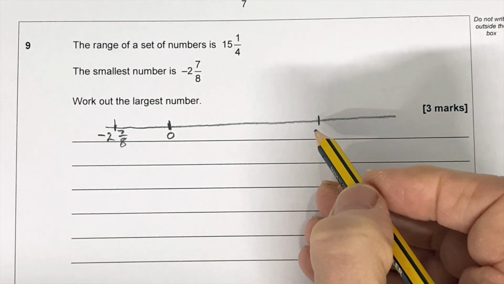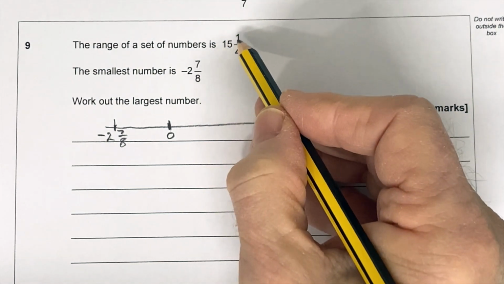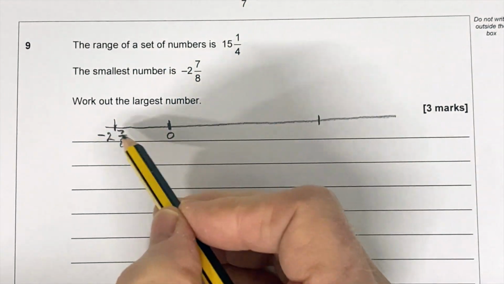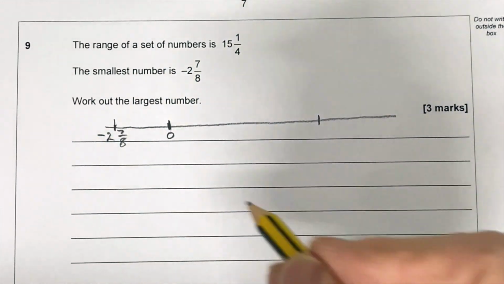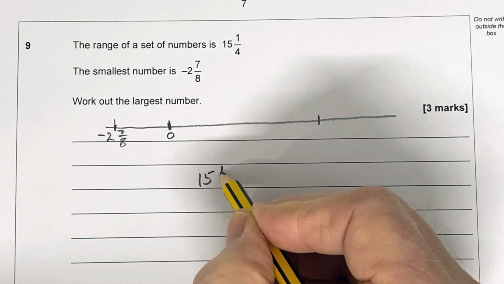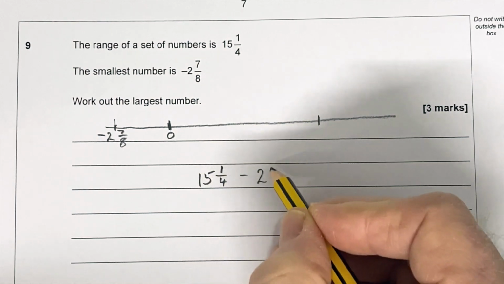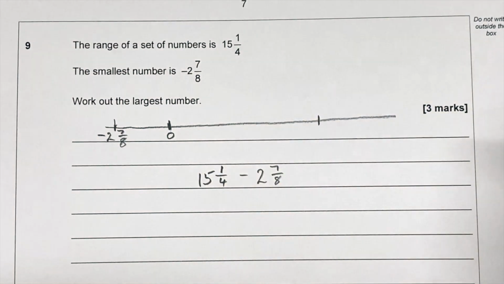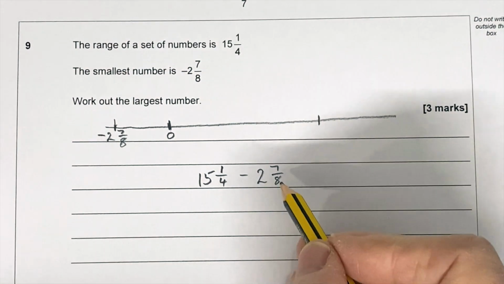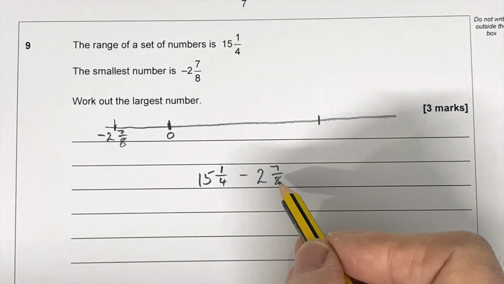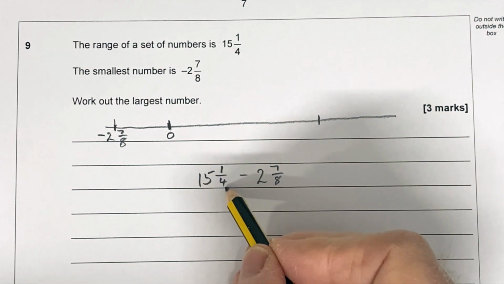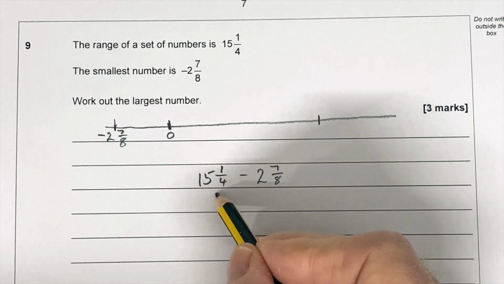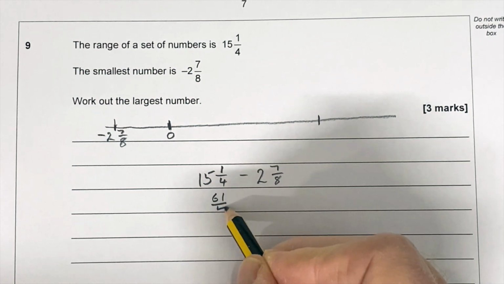And we can do that by saying we've got 15 1/4 as the full range. Let's subtract the 2 7/8. So 15 1/4 subtract 2 7/8. And it's probably going to be easiest to convert these to improper fractions. So 15 times 4 is 60, plus 1 makes 61 over 4.